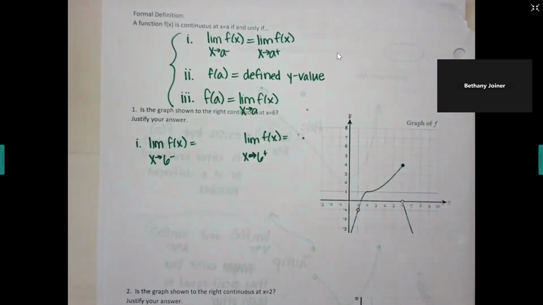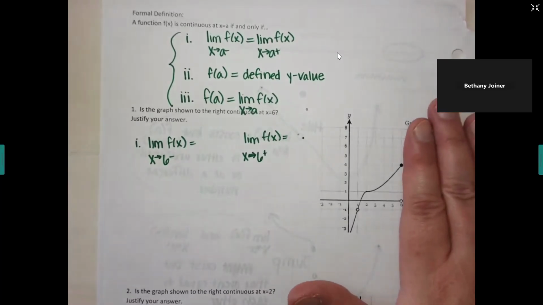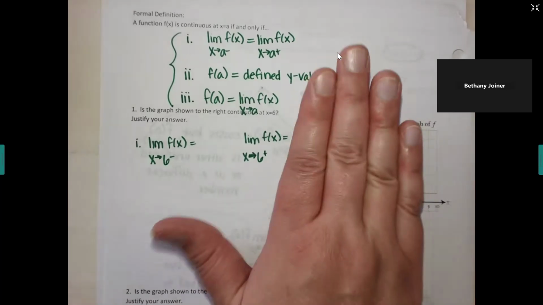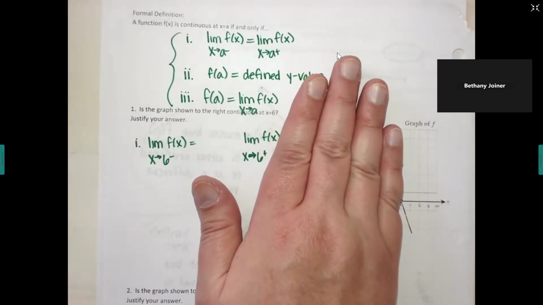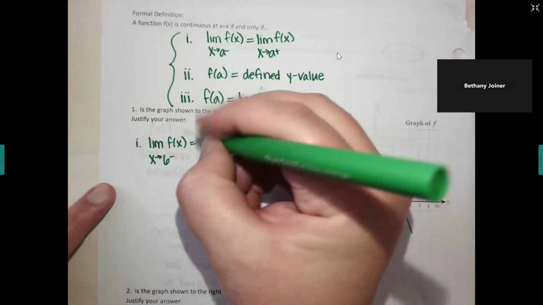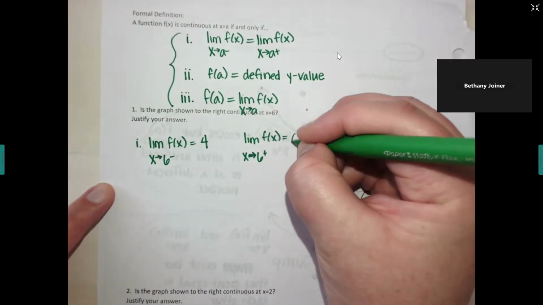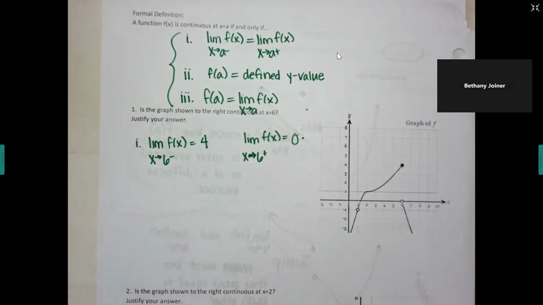Then look at your graph. At 6, what is the left side limit? We're drawing our line in. What's my left side limit? 4. What's my right side limit? 0. So if my left side is 4 and my right side is 0, is condition 1 for continuity true or not true?